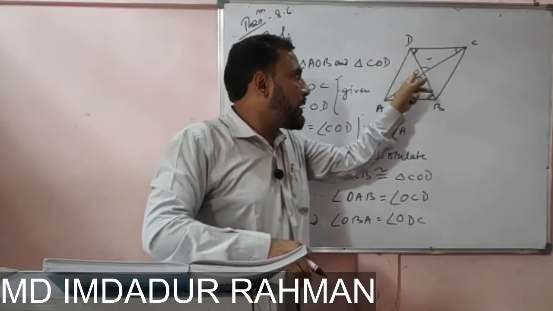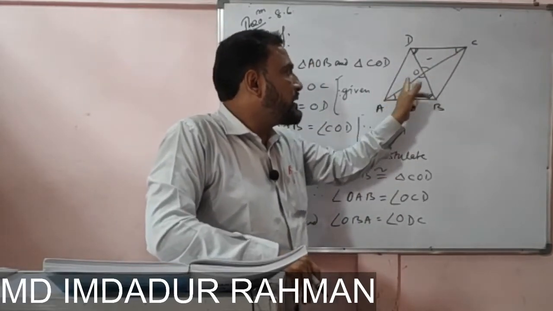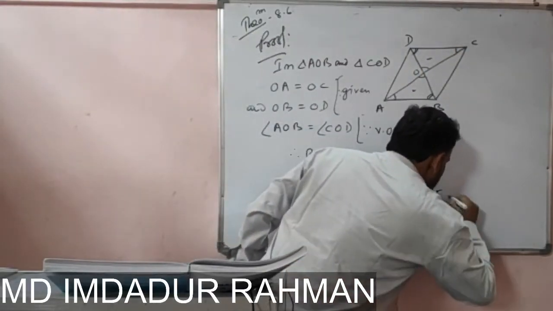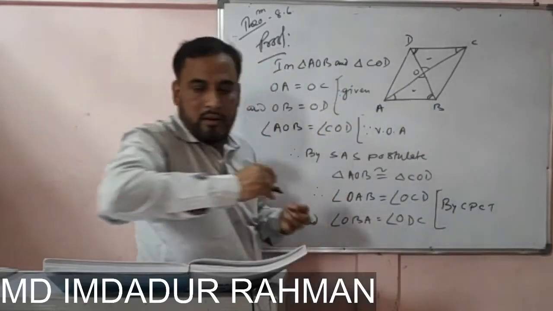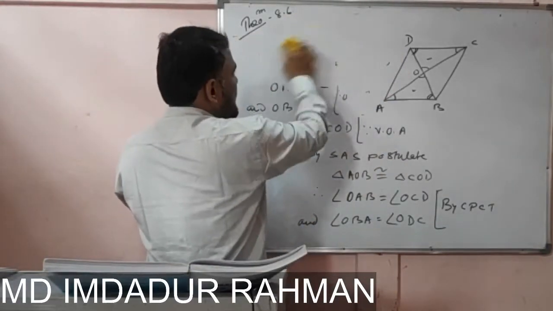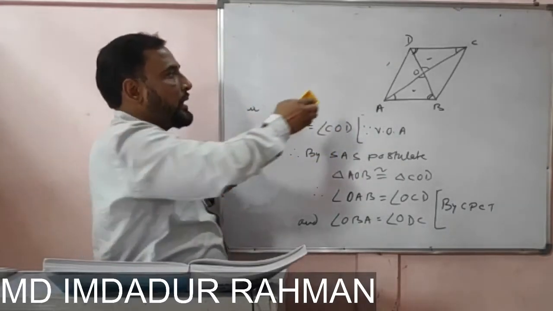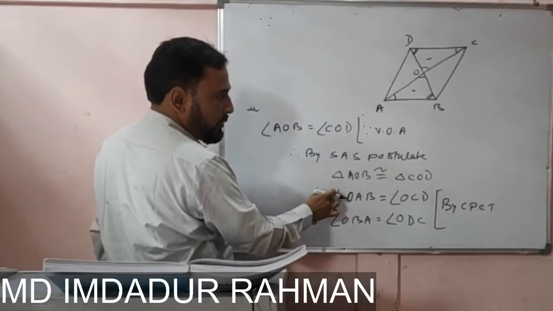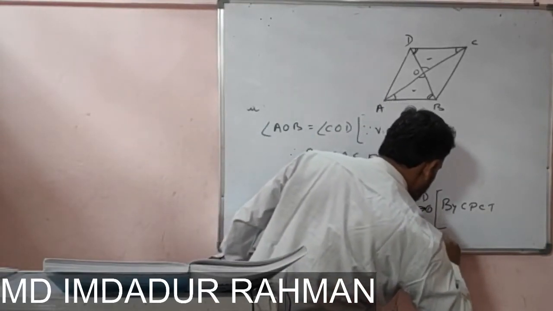Angle OAB is equal to angle OCD and angle OBA is equal to angle ODC, by CPCT. But we have to show that the sides are parallel. Then this quadrilateral will be a parallelogram. Mark these as equation 1 and equation 2.